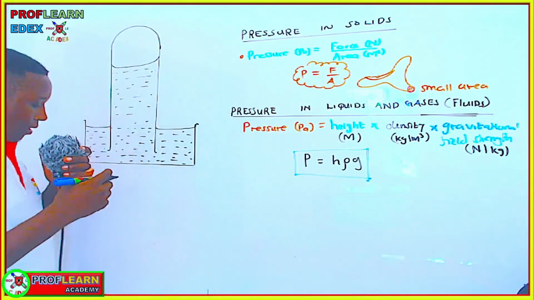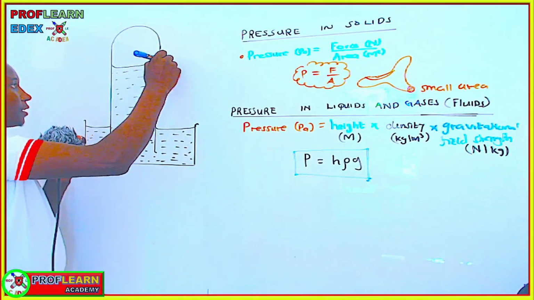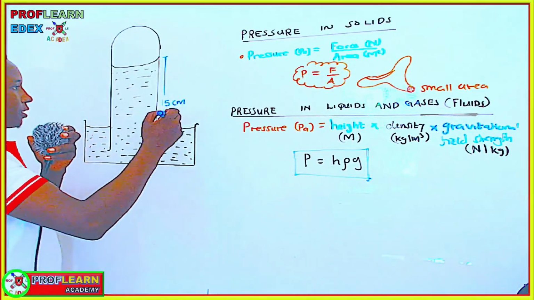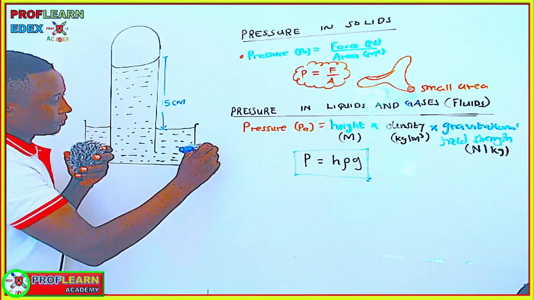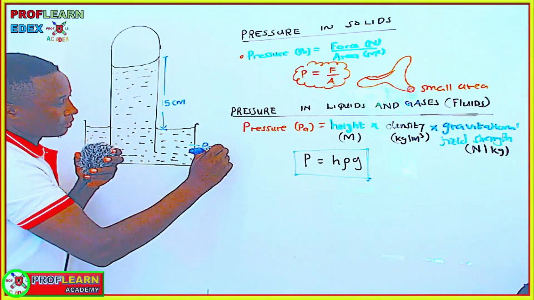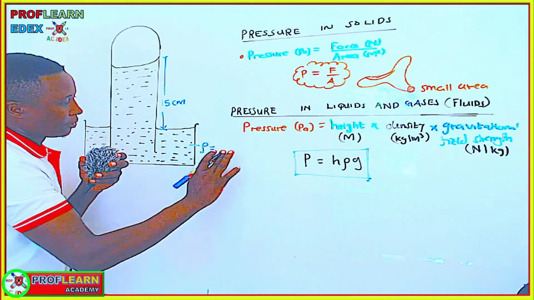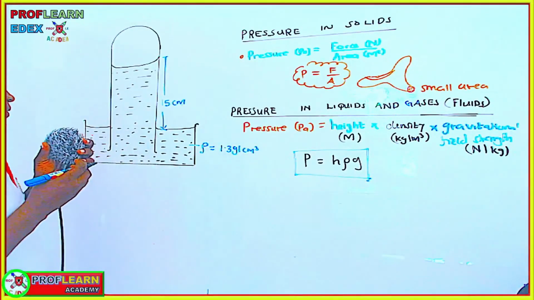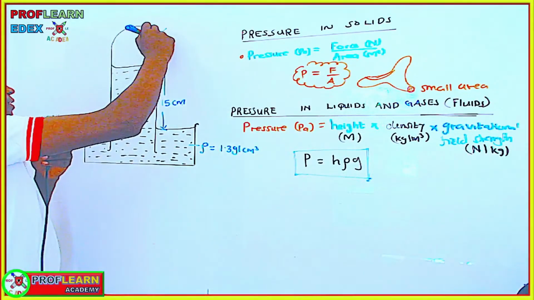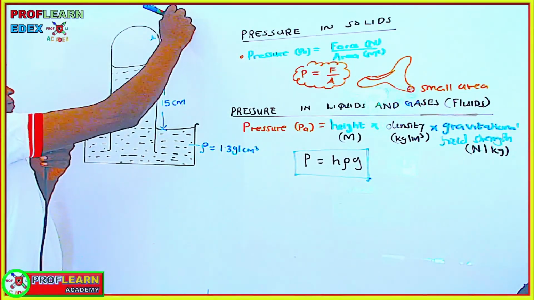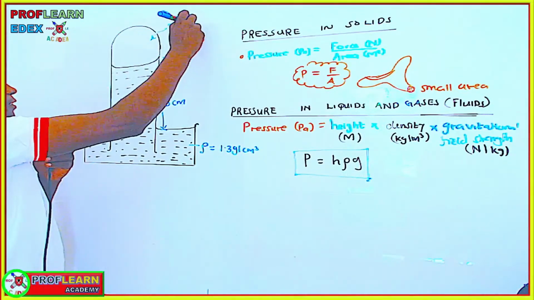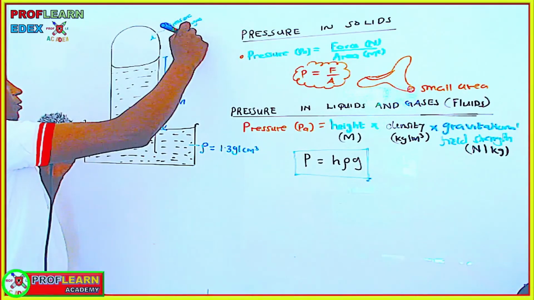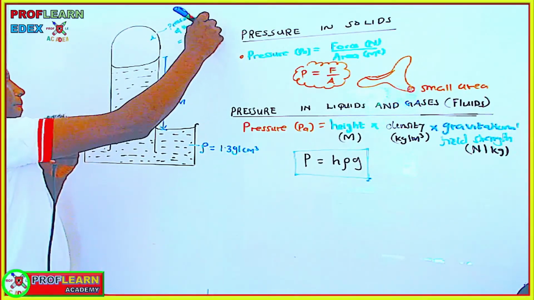So if we are told this liquid has a height of 15 centimeters, the density, which is rho, is 1.3 grams per centimeter cubed, and the pressure of the gas inside here equals 1430 pascals.